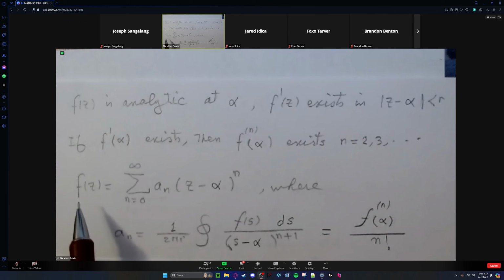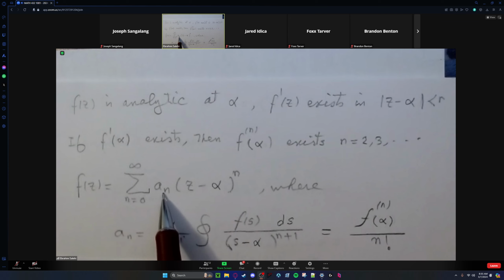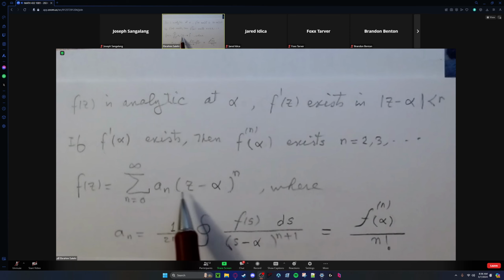Now, since the function is analytic at this point, the series converges very nicely. And all we have here is a constant and positive powers of z minus alpha.